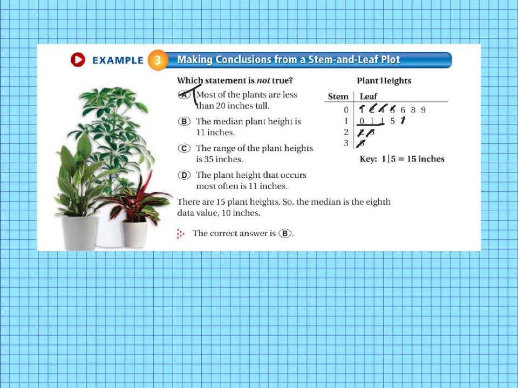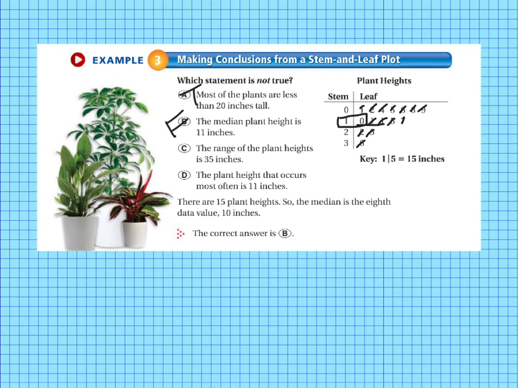Highest, lowest. Until you're left with the median. So the median value is 10. Ooh, so this one is false.